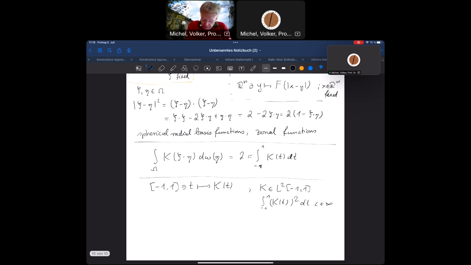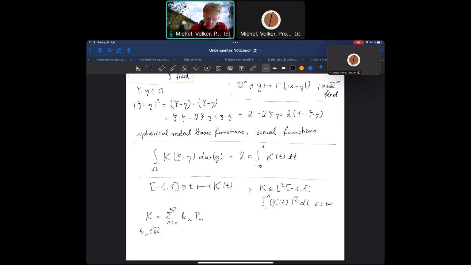So if you assume that's an L2 function, which is a rather weak assumption, it's not a very strong condition, then we know from some basics of approximation theory or basics on orthogonal polynomials that k can be written as a series n equals 0 to infinity, and some coefficients, I will call them lowercase kn, times the Legendre polynomials.